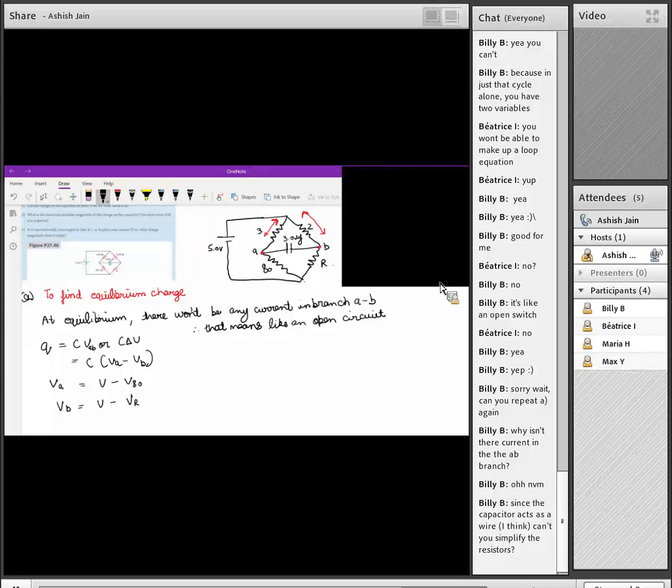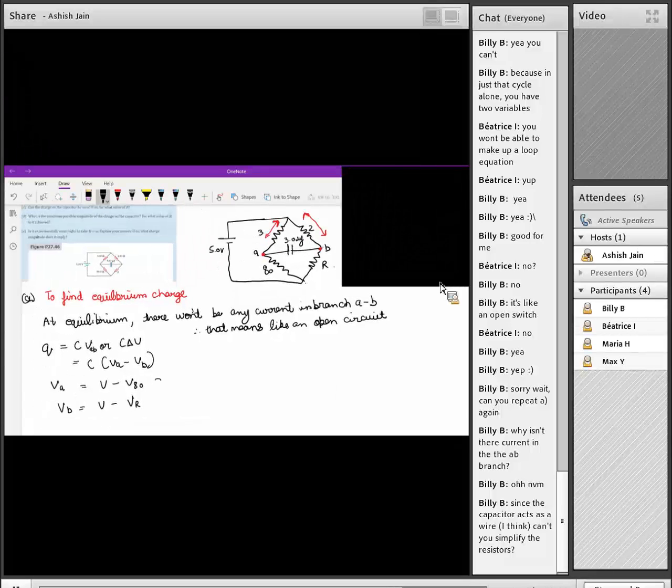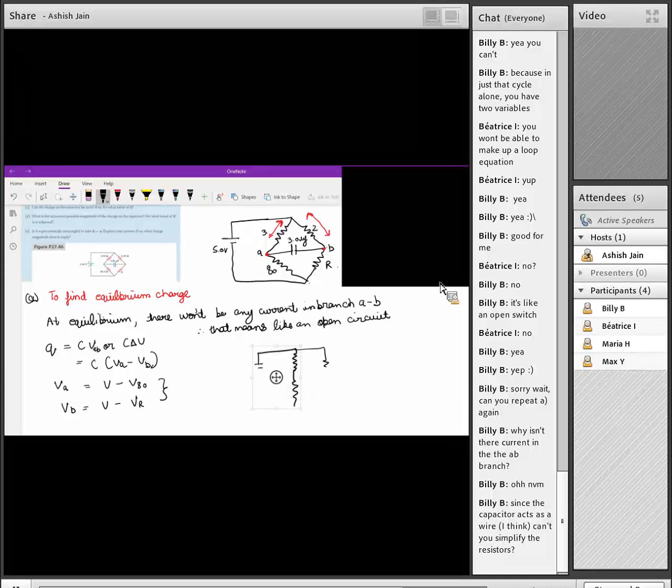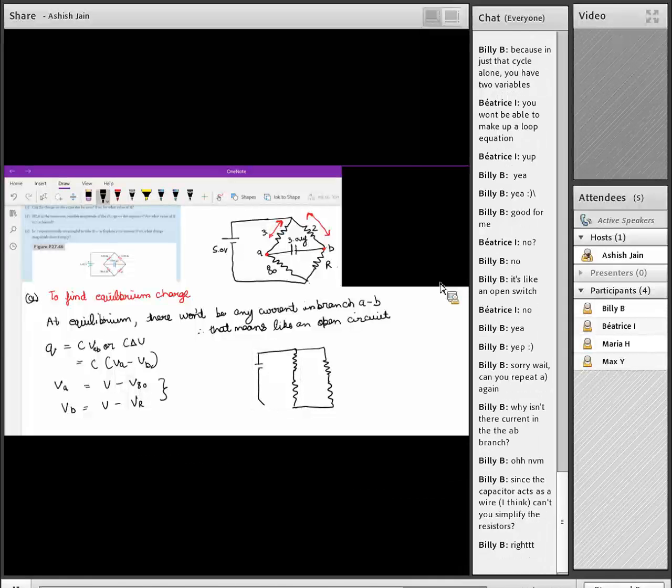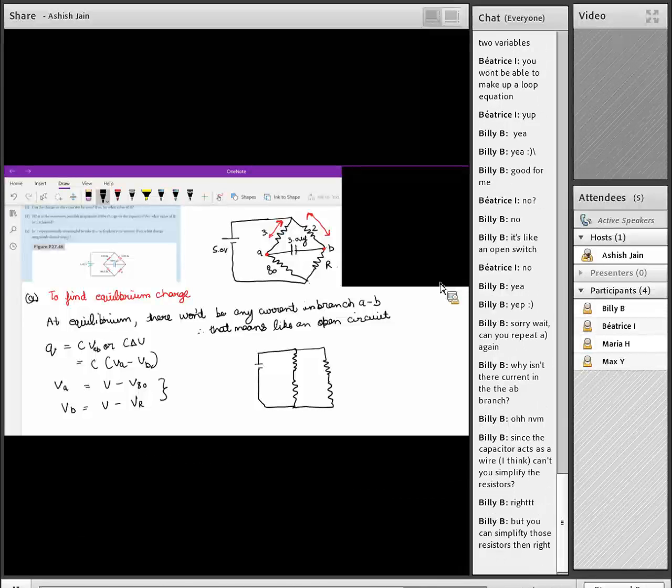No, the capacitor doesn't act as a wire. It acts as an open circuit. So that's how I have written these equations. That means your circuit essentially is like this at equilibrium, when the capacitor is fully charged.